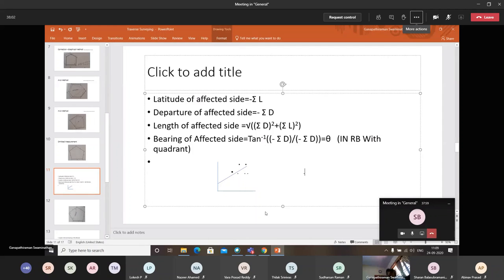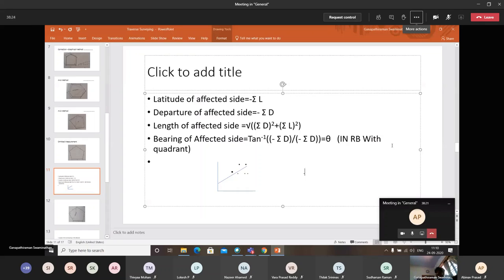So why I'm telling you all this is, when you have got a negative d square and it becomes a positive, the square root of sigma d square plus sigma l square is the same as minus sigma d square and minus sigma l square. So if you square it and take the square root of it, you get the length of the affected side.